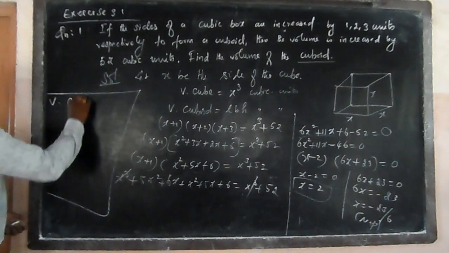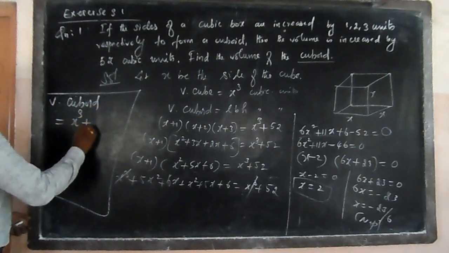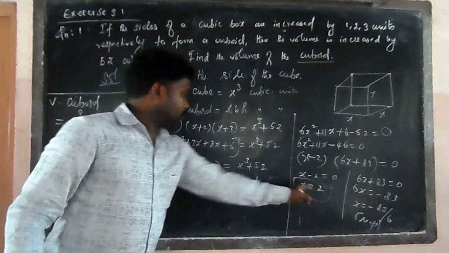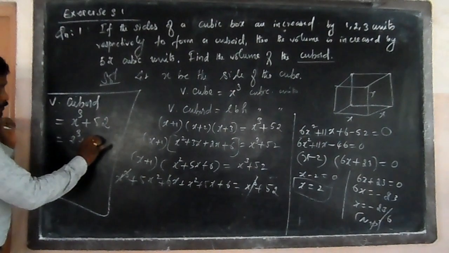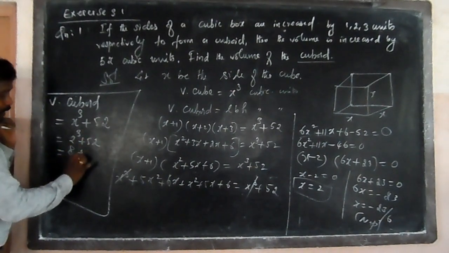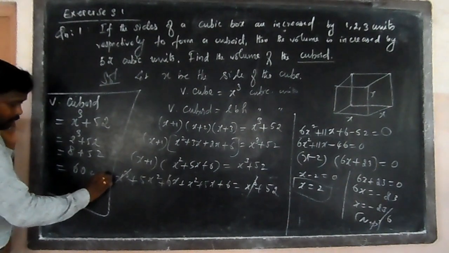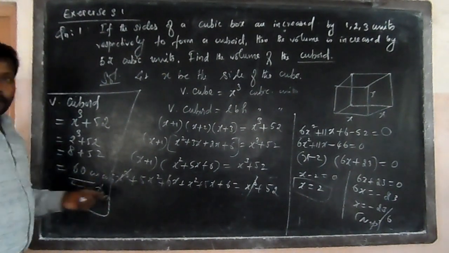The volume of the cuboid is equal to x cube plus 52 cubic units. The x value is 2. So 2 cube plus 52. 2 cube value is 8. 8 plus 52 is equal to 60 cubic units. This is the answer.